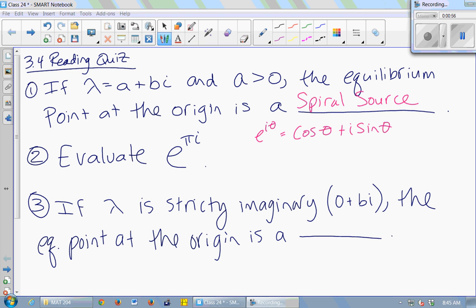So anyways, if I replace theta with pi, e to the i pi becomes cosine pi plus i sine pi. What's the cosine of pi? Negative 1. And then this is i times the sine of pi, which is 0. So this just comes out to negative 1.